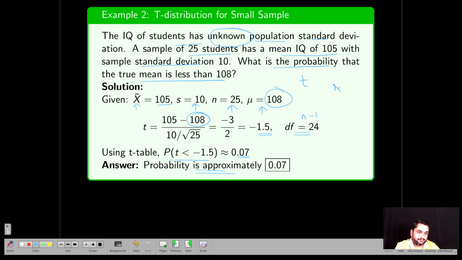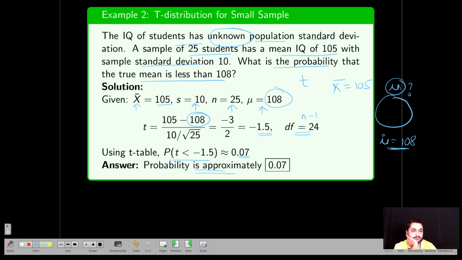Okay, what it means: I have calculated x bar as 105. Now this is what I want to find. Let us assume mu is equal to 108, let us assume some value. Whether it's a good estimate or not, that is what I am trying to find.